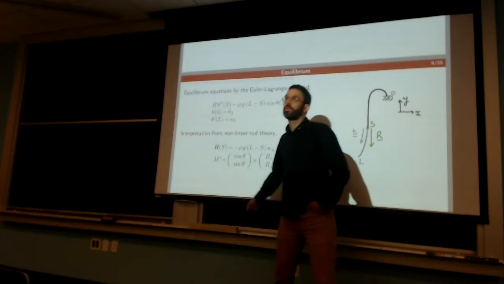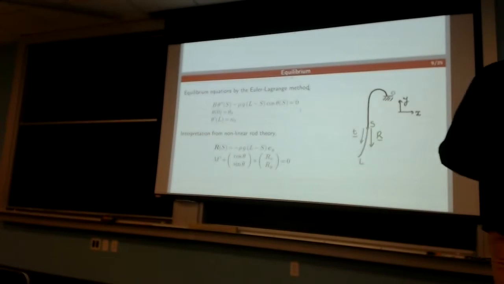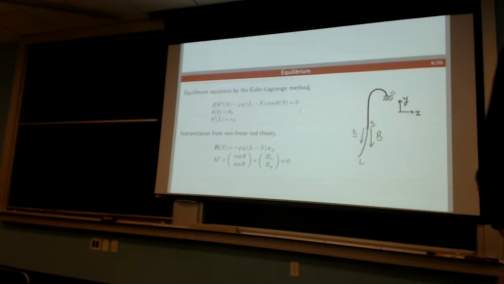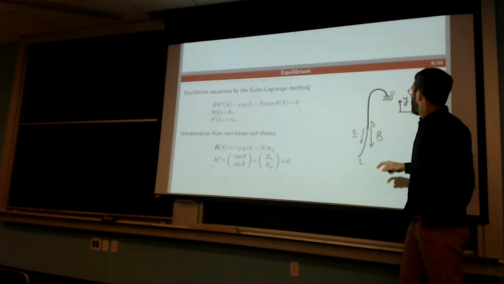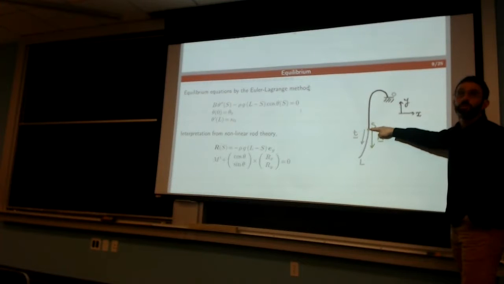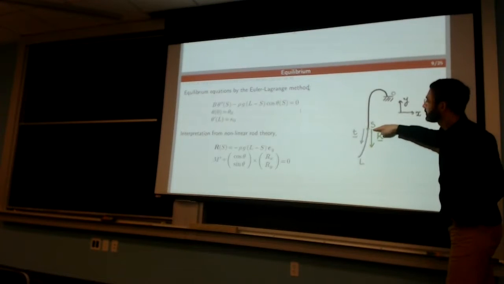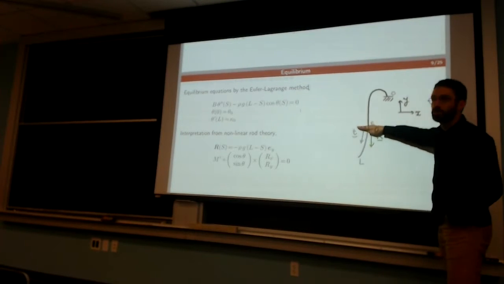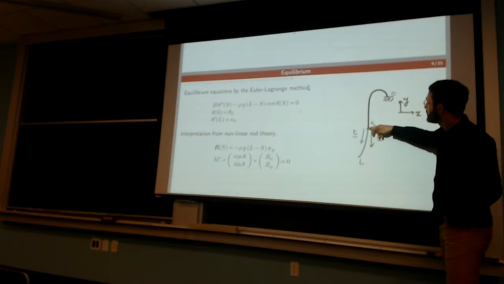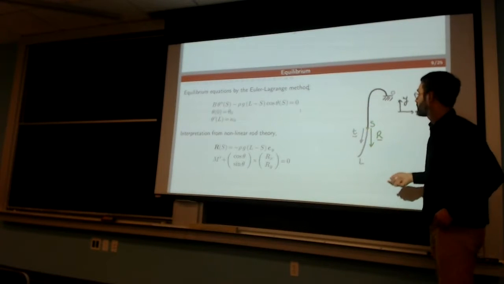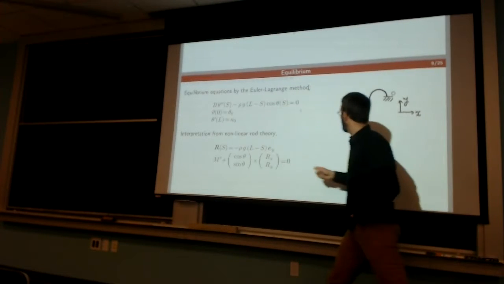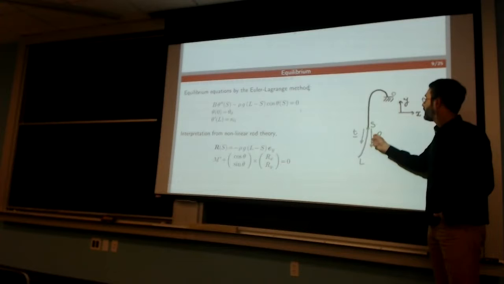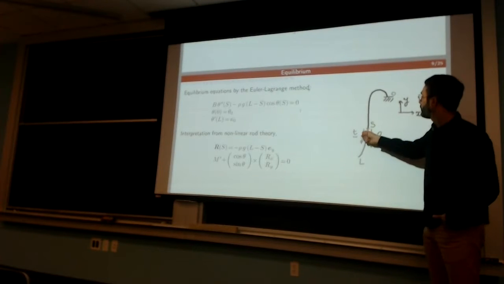There's an interpretation of this equation if you know the nonlinear rod theory, but you don't even need that. If you view this as a nonlinear rod, an elastica, you know that at any given point there's an internal force R of S. It's the force that you get when you cut, the integral of the contact force on the small cut section. That's written like that just because this is the weight of the hanging part, and this force achieves an equilibrium of this hanging part.